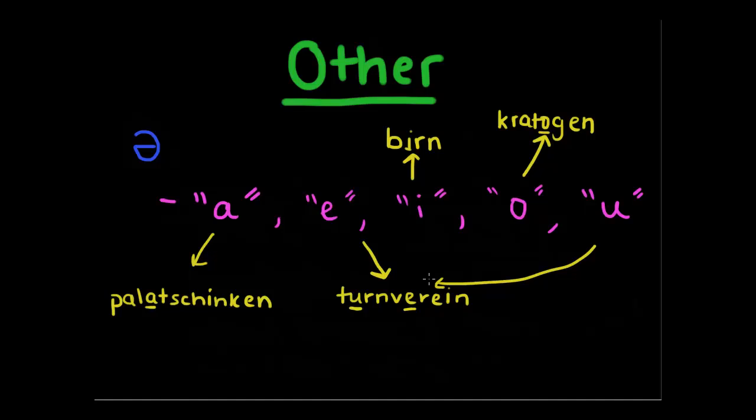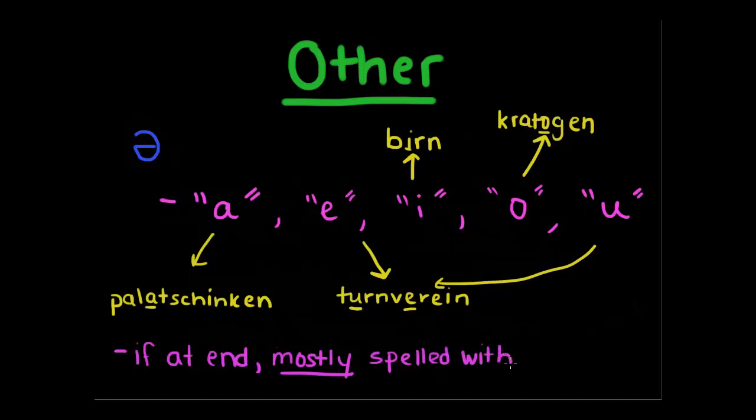But one rule regarding the schwa is that if the schwa is at the end of a German word, and this is one of those rules that sets German apart from all the other languages, mostly, not always, but almost 99% of the time, it's spelled with an E. And a lot of the times when someone's learning German for the first time, that just sounds so weird and it looks so weird too.